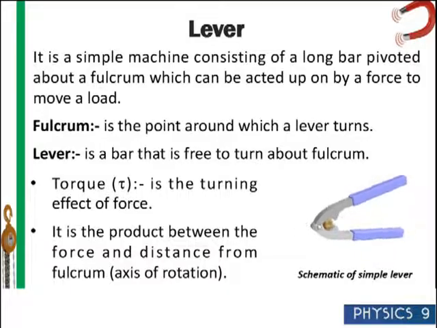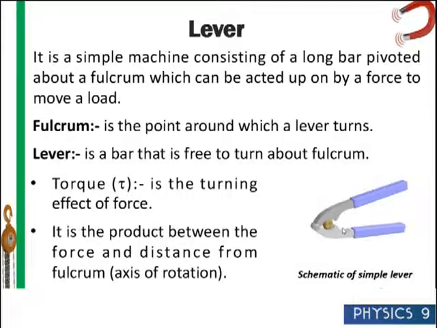It's the product of the force and the distance from the fulcrum, or the axis of rotation. We can talk about the fulcrum as being the axis of rotation of the hands of the lever as they try to rotate when we apply force to them.